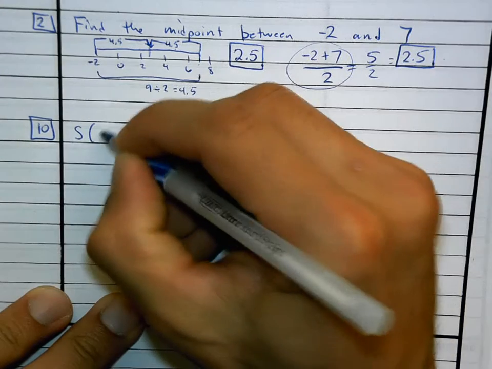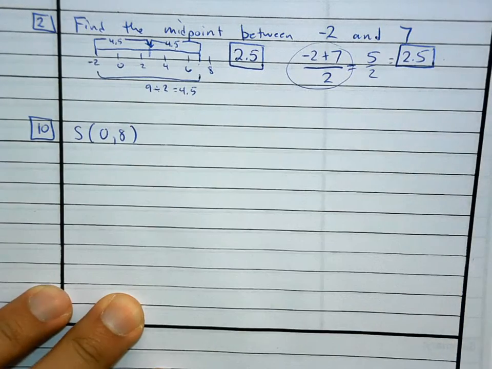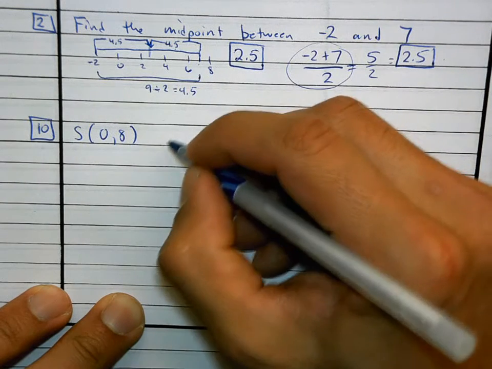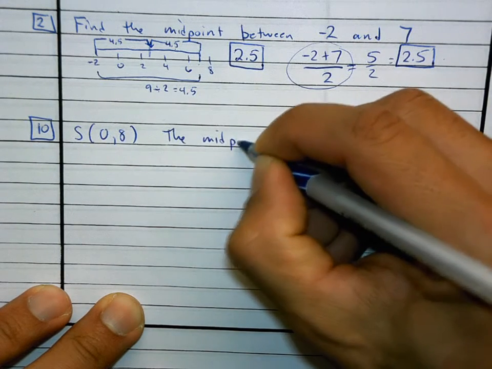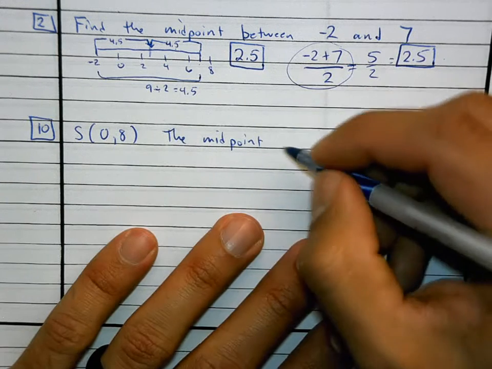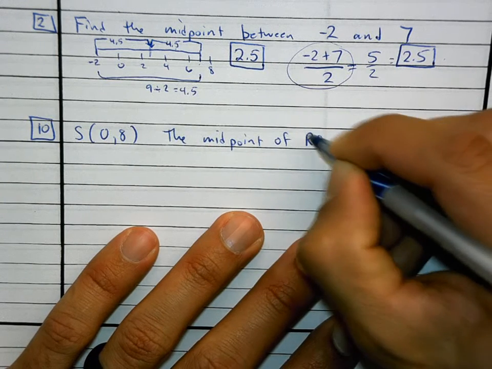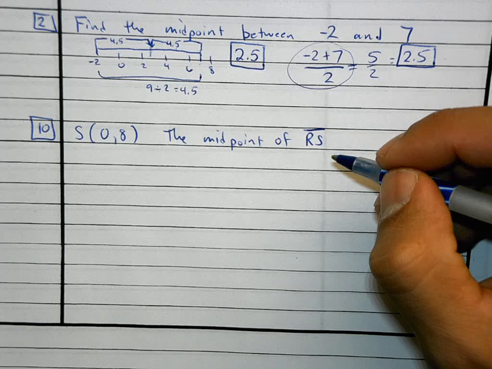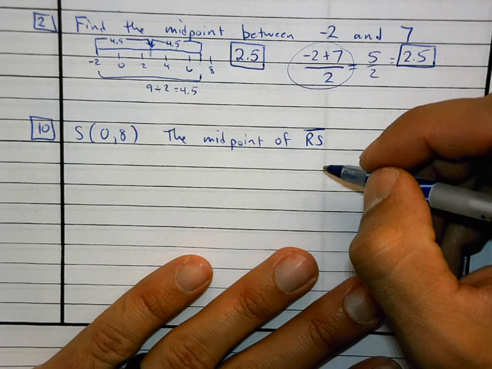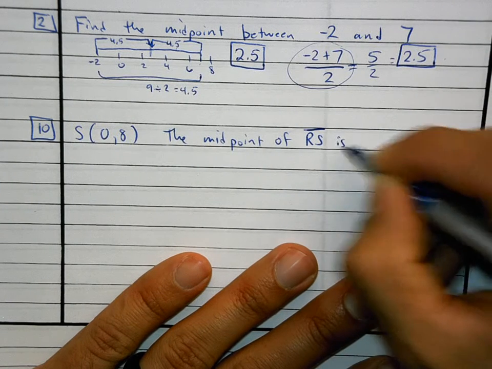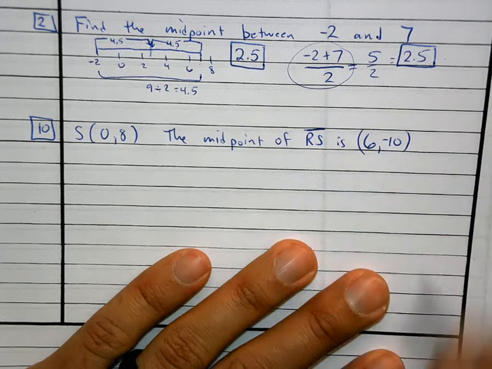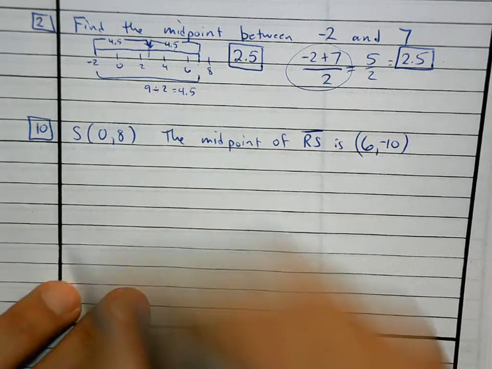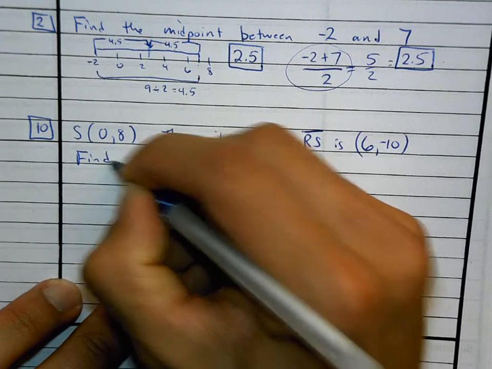S is 0, 8. The midpoint of RS is 6, -10. Find R.